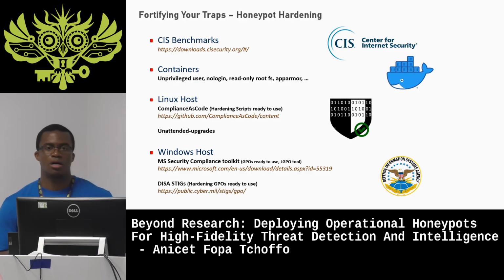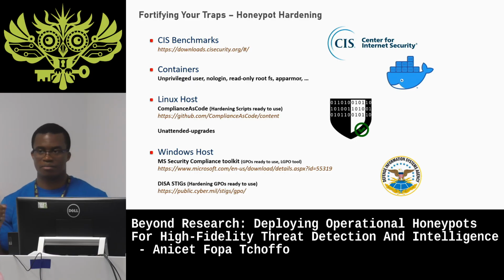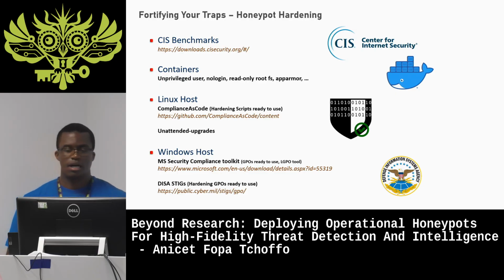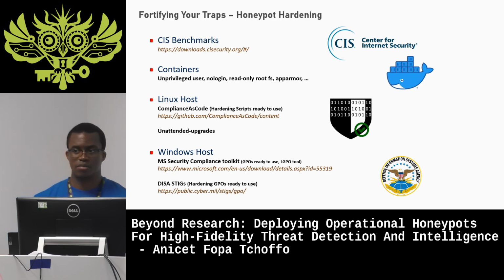CIS benchmarks are typically distributed in PDF format, which can be a bit time consuming when it comes to copy and pasting and building your configuration files. But luckily there are other publicly available resources that you can leverage when it comes to hardening your systems.